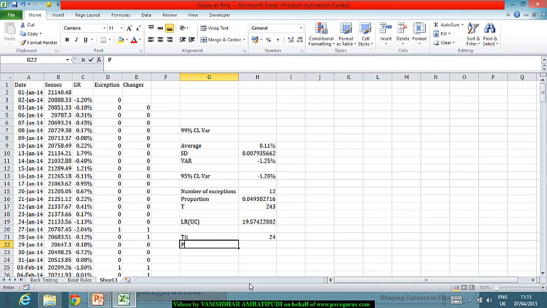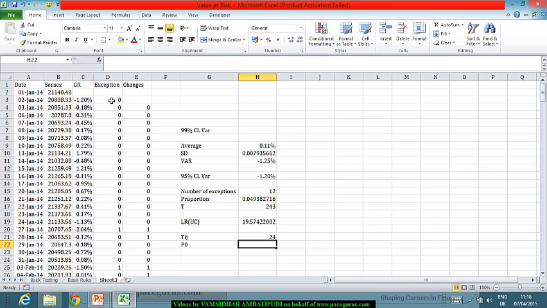Then I am looking at the pi i, which is talking about the probability of observing an exceptional condition, the probability of observing an exception conditional on the state i the previous day. So when the previous day is 0, if I say P0, it means the previous day it was a 0, but today it is 1.